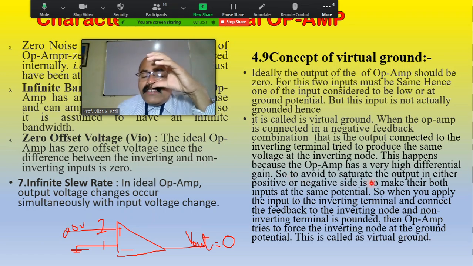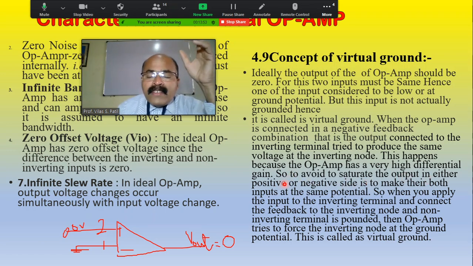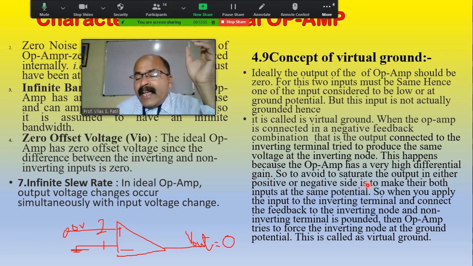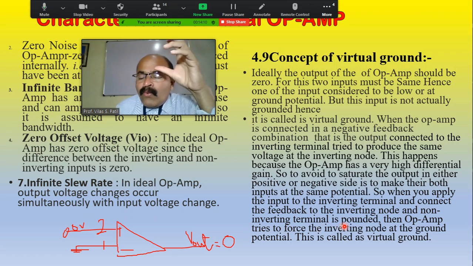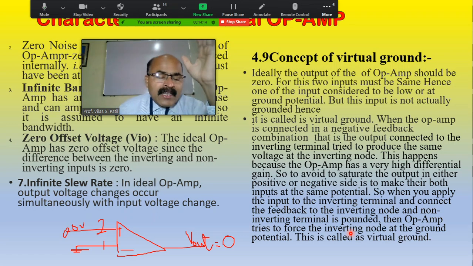To avoid saturation, the output, on either the positive or negative side, makes the inputs be at the same potential. So when you apply input to the inverting terminal and connect the feedback to the inverting node, the non-inverting terminal will be grounded and acts as the virtual ground.